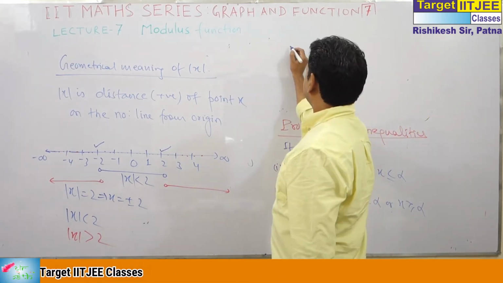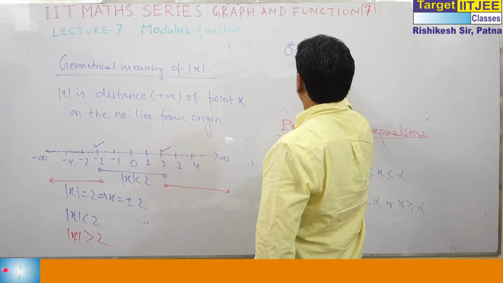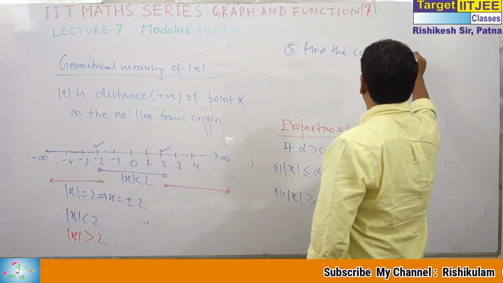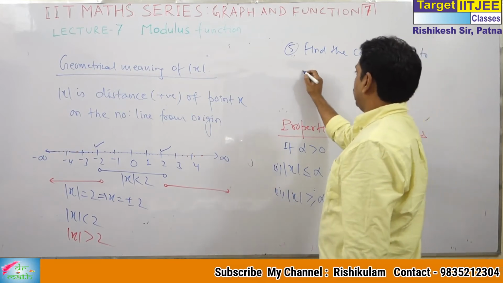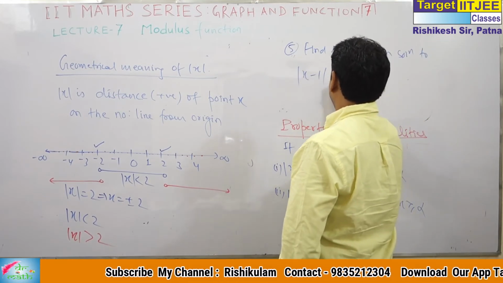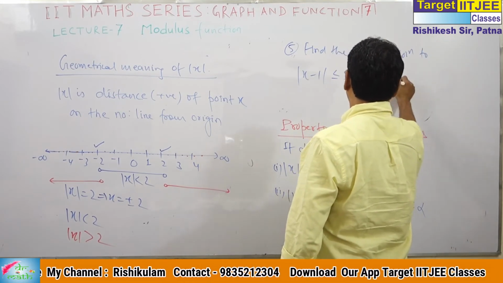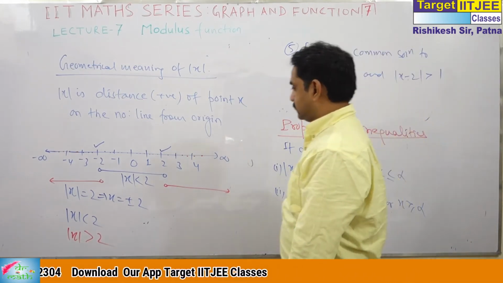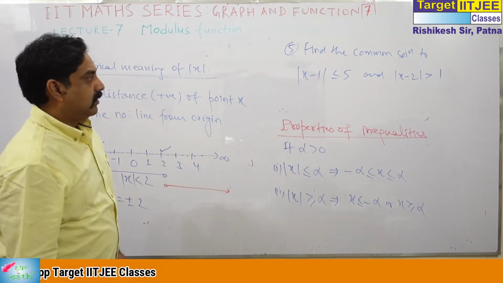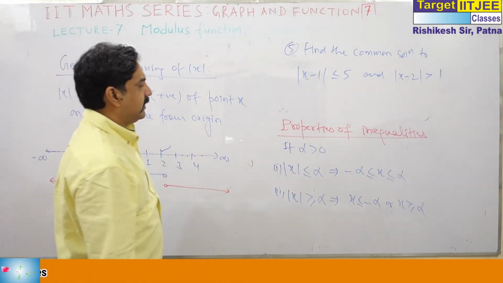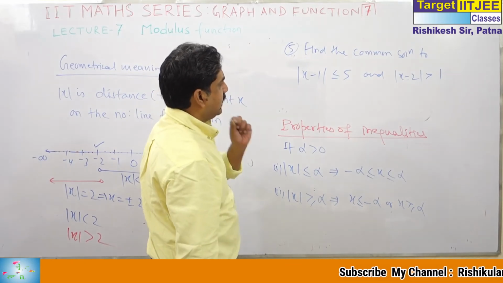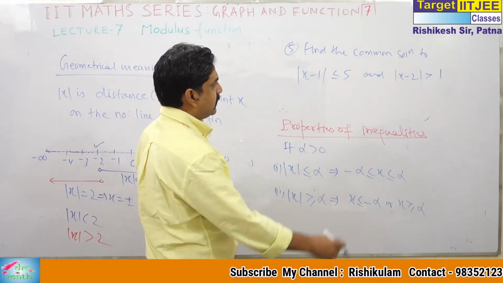The question is question number 5. Find the common solution to mod x minus 1 less than or equal to 5 and mod x minus 2 greater than 1. Let me change the data slightly to get a good answer.